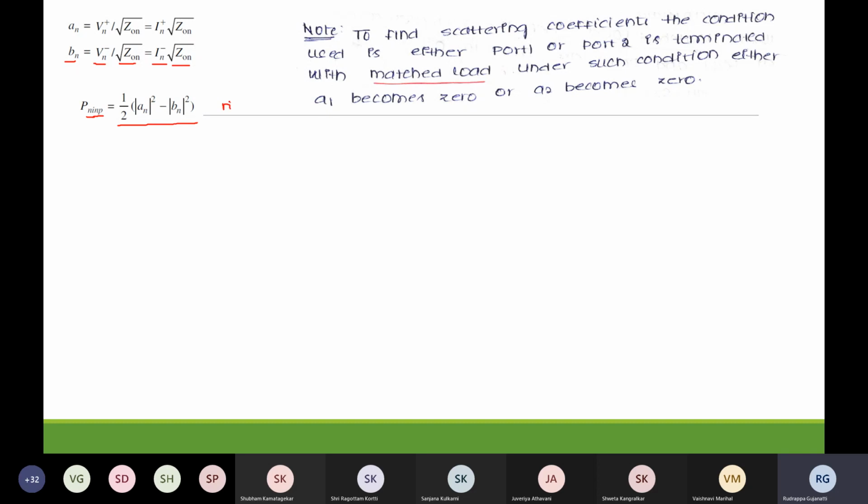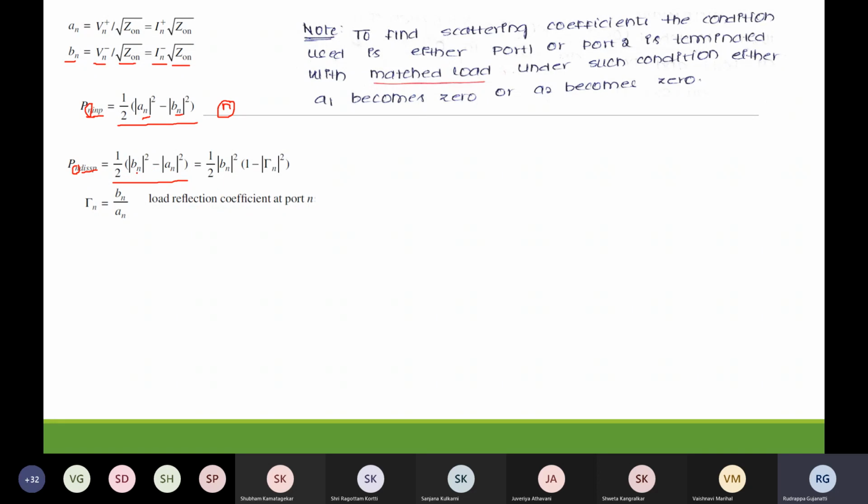Here n is associated with port n. So this is the input power at port n. And this represents the power which is being dissipated at port n. It is given by half of magnitude of bn square minus magnitude of an square.